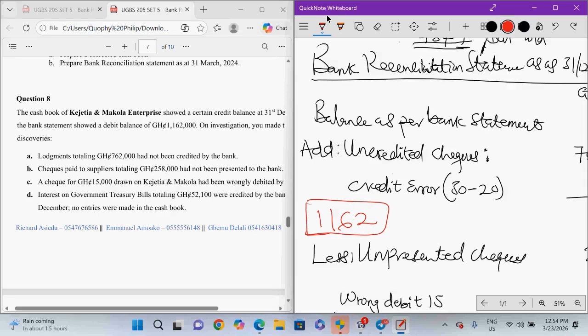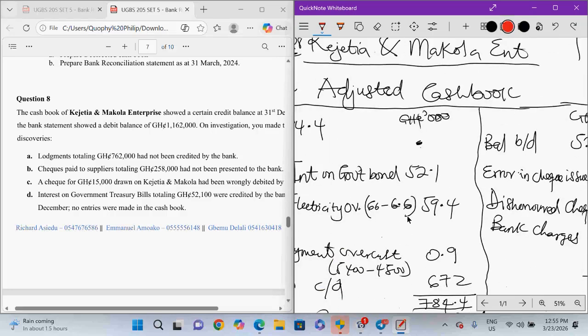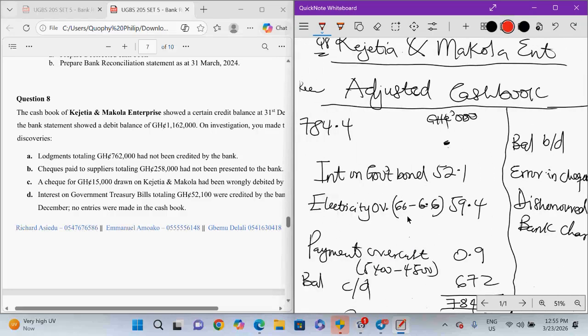This one is a bit complex, because you have to do all of this and then bring the final figure here and find the difference. So the difference becomes your balance brought down. That's why I left spaces here, because I don't know whether the BD will come to the debit side or the credit side.